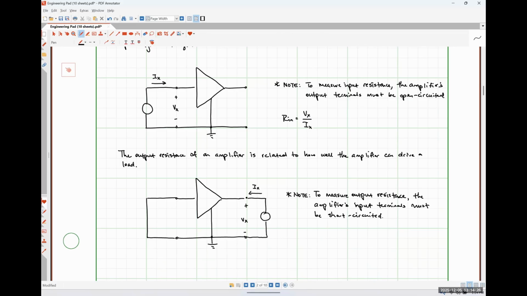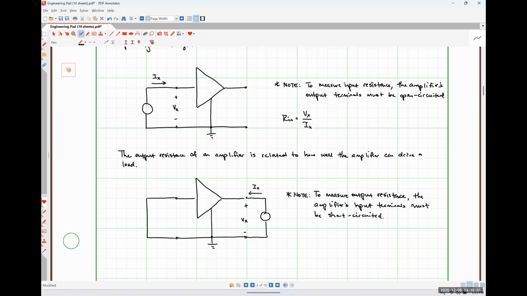So the reason for this is that all real signal sources will have some internal resistance, right? So we're going to represent real signal sources in this class using practical voltage sources and practical current sources, which we talked about back in circuits 1. So we don't want to accidentally include the internal resistance of those sources when we are trying to figure out what our amplifier parameters are, because those are going to change depending on what we use to generate our signal.